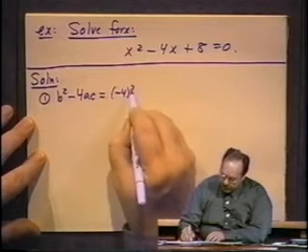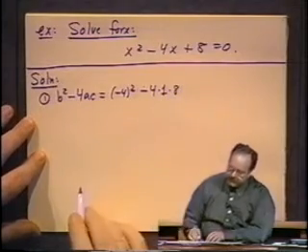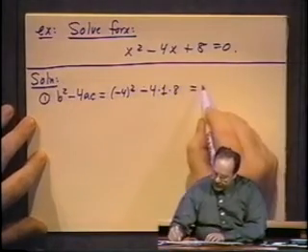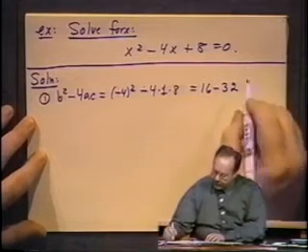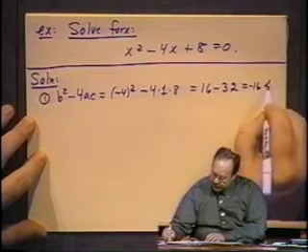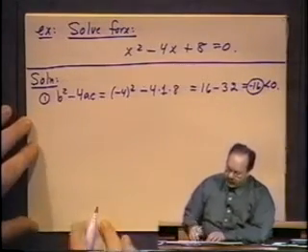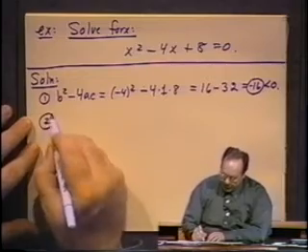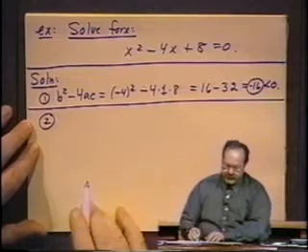That's minus 4 squared minus 4 times 1 times 8. And if I work that out, that's 16 minus 4 times 8 is 32. And that is minus 16, which is less than 0. Of course, the minus 16 is what I'm interested in for the quadratic formula. So I can go right to the quadratic formula, having done that first handy step.